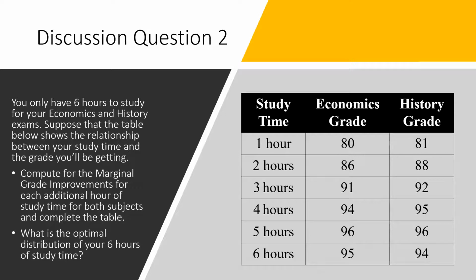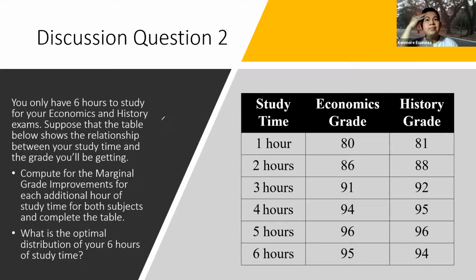Because among the other combinations of averages, 91 and 92 is the highest, which is 91.5. Sorry. The answer is correct. 3 hours is right.